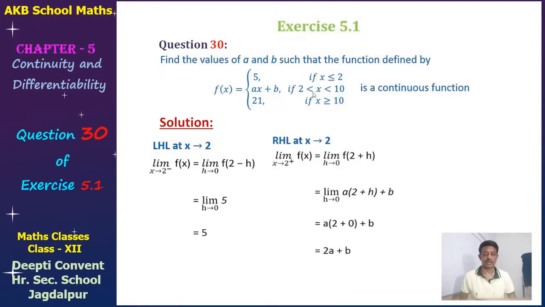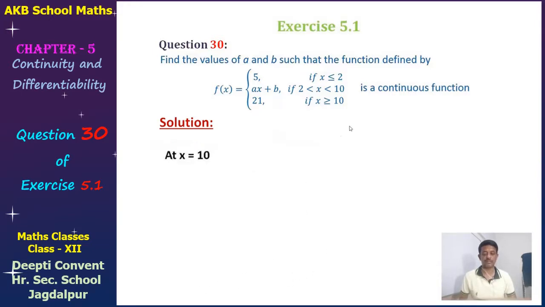Right hand limit, x tending to 2 plus, here ax plus b is the value of the function. So 2 plus h, ax plus b, x meaning 2 plus h. Put h equal to 0, 2a plus b. These two limits must be equal as the function is continuous at x equal to 2. So this is our first equation: 2a plus b equals 5.